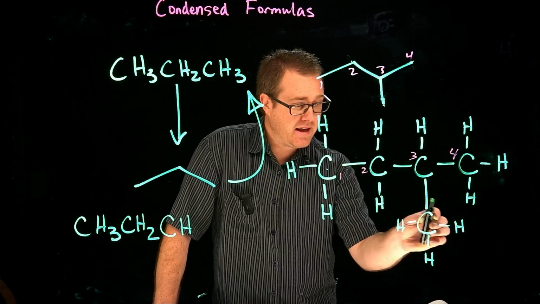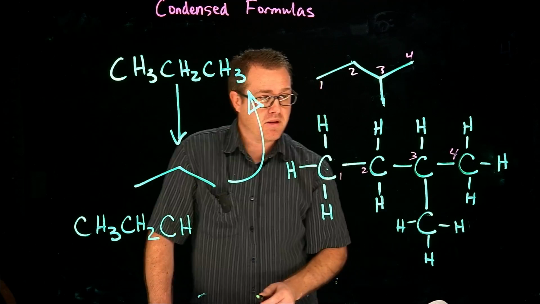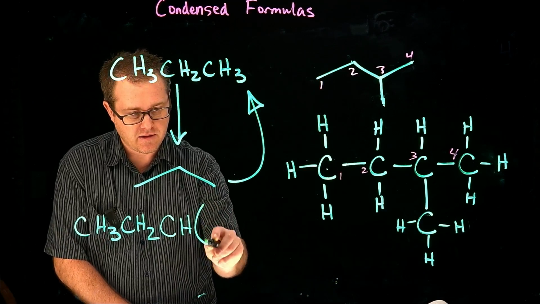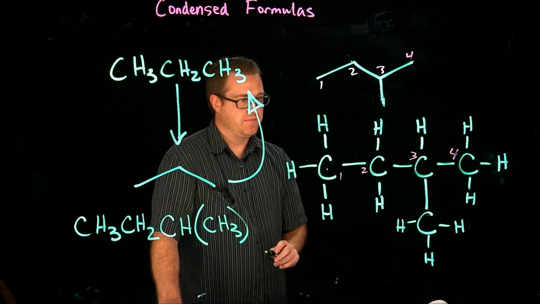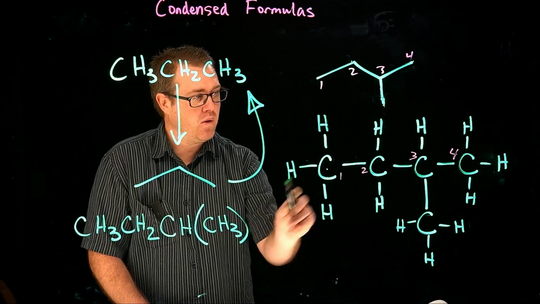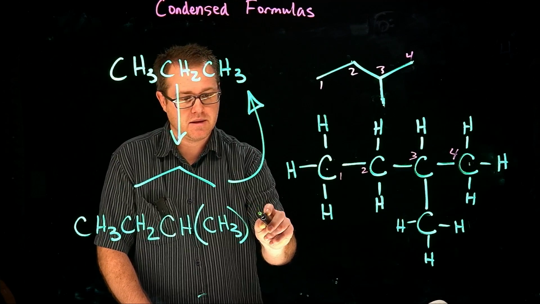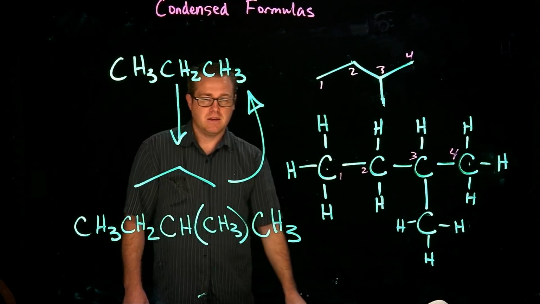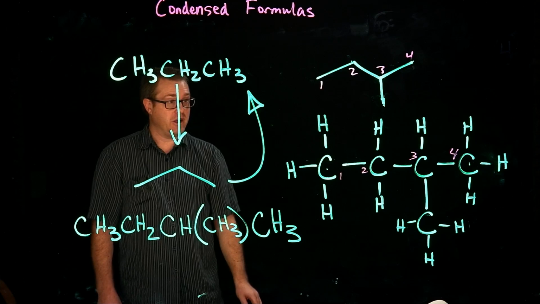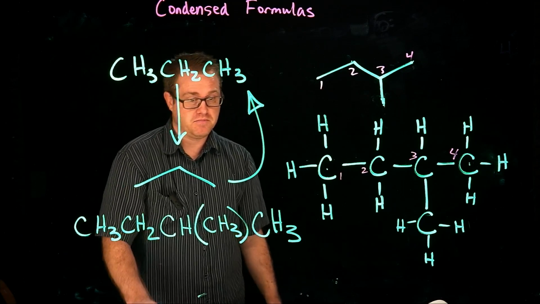And so this methyl is in fact attached to carbon 3, but how do I show that? With a parenthesis, CH3. And then carbon 4 is CH3, like that. That's one way you could draw this condensed formula.